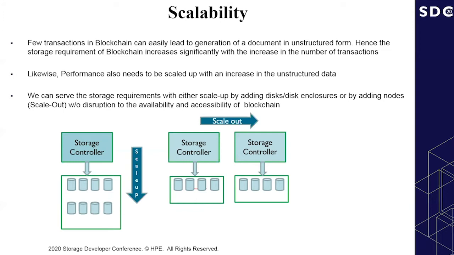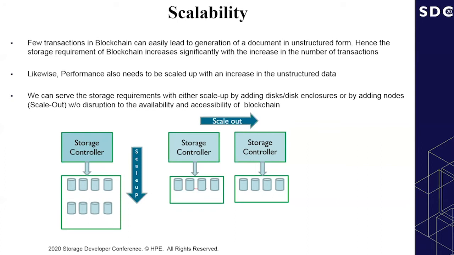A few transactions in blockchain can easily lead to the generation of documents in an unstructured form. So you can see the storage requirement of blockchain increases significantly with the increase in the number of transactions. As the number of transactions per second increases over time, the storage requirement of blockchain also increases significantly.